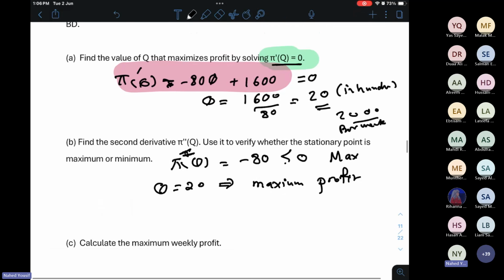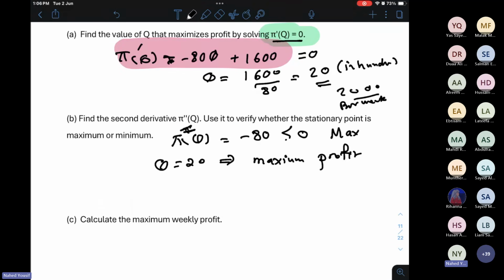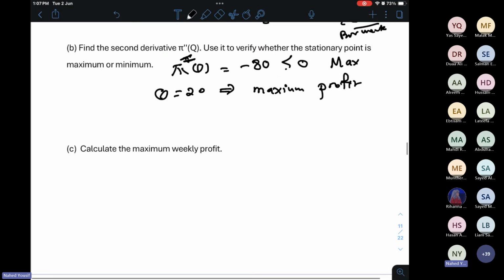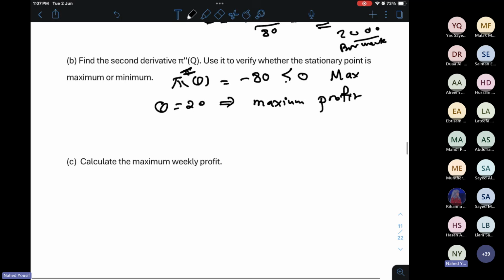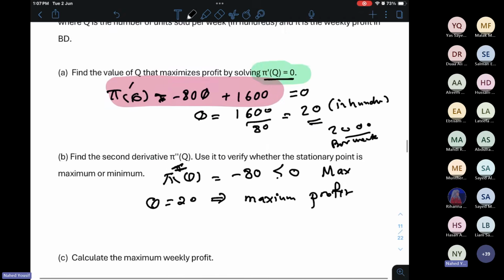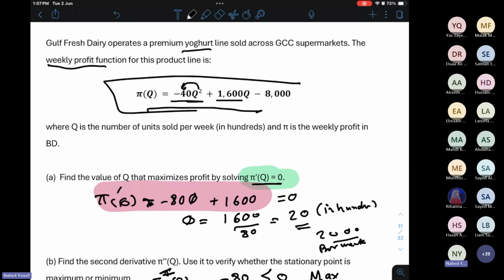For part C, I think it's clear. So we apply the first derivative and second derivative test here. Calculate the maximum weekly profit. That means we said that the point at q equal to 20 will give the maximum profit. So we can calculate it back in the original function.